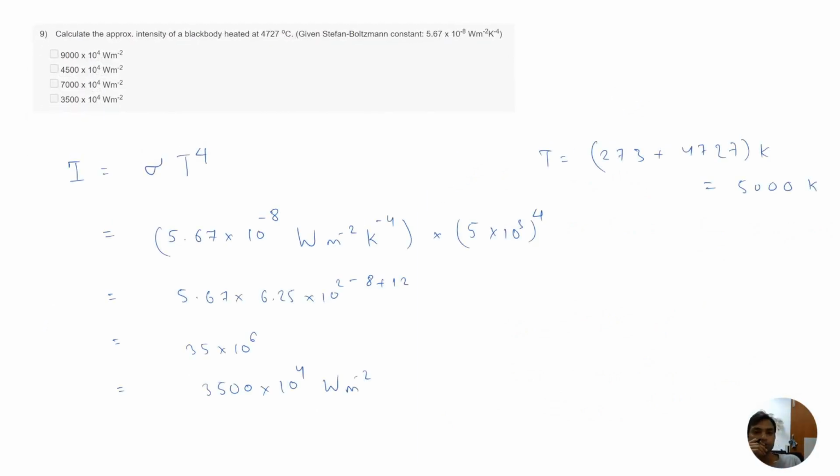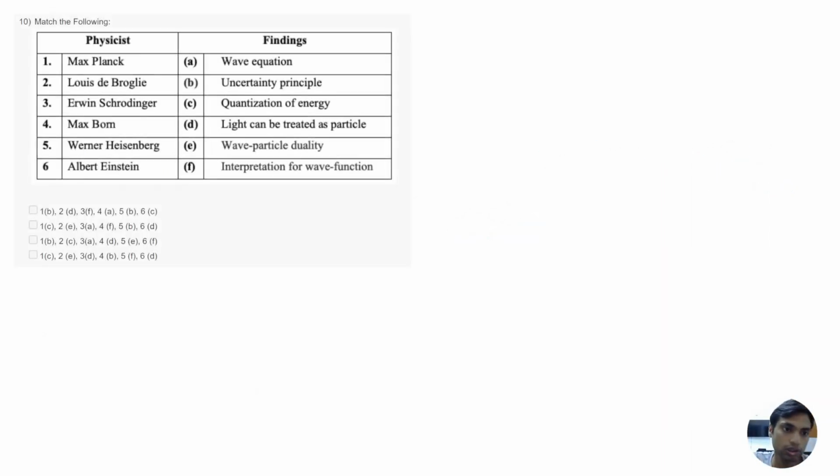Okay, so this is your calculation of the previous question. Now match the following. Max Planck told about the quantization of energy, so Max Planck is quantization of energy, 1c. From here you see there are two options, this or this; one of them might be correct.